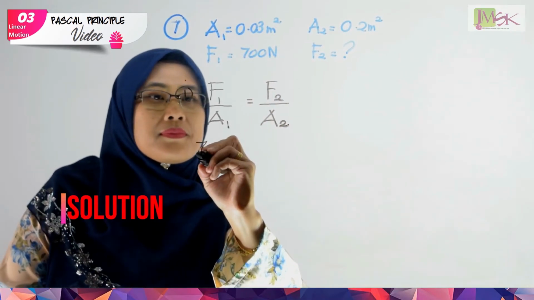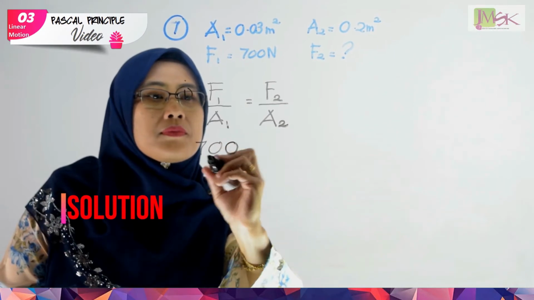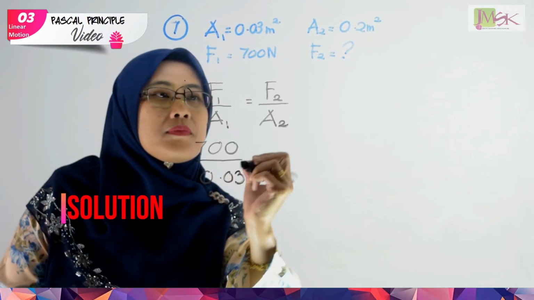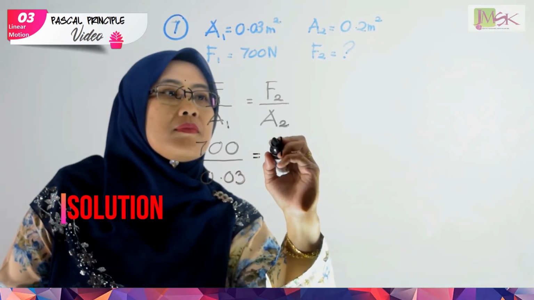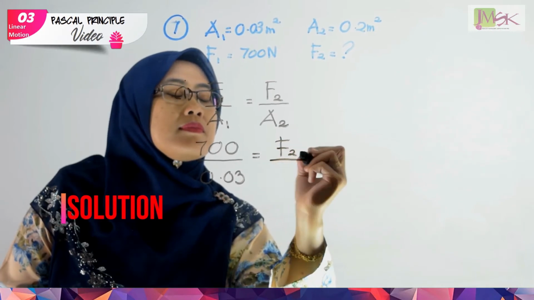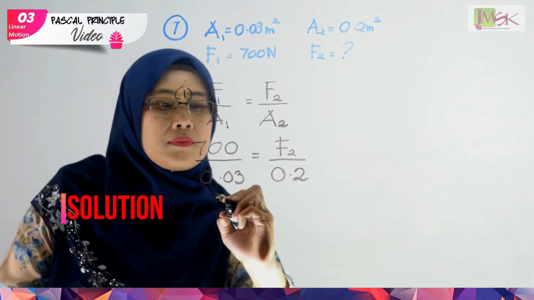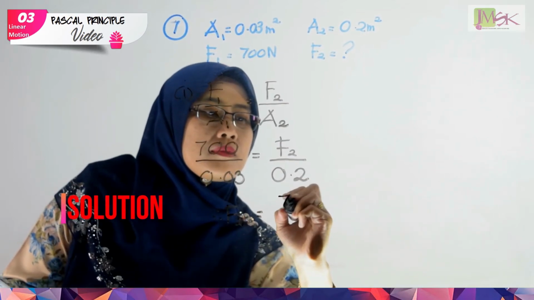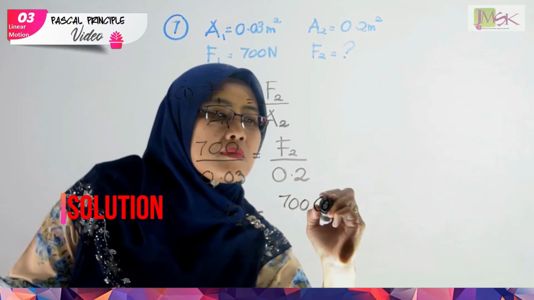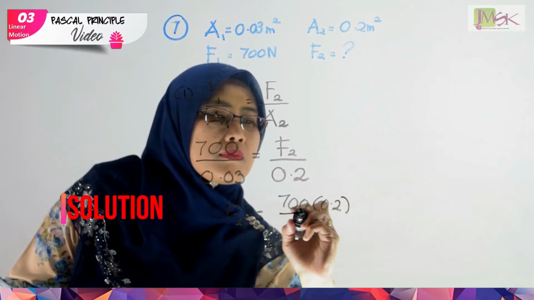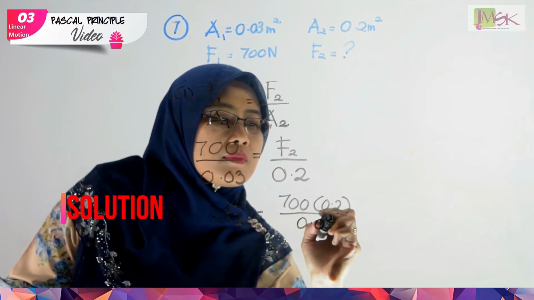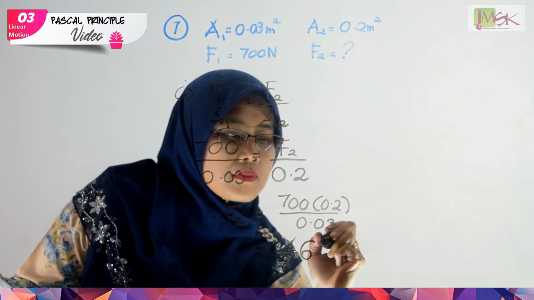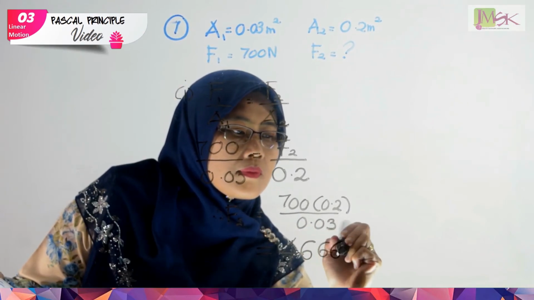Insert the data that is given from this question. 700 over 0.03 equal to F2 over 0.2. F2 equal to 700 multiplied by 0.2 divided by 0.03, and the answer is 4,666.67 Newton.